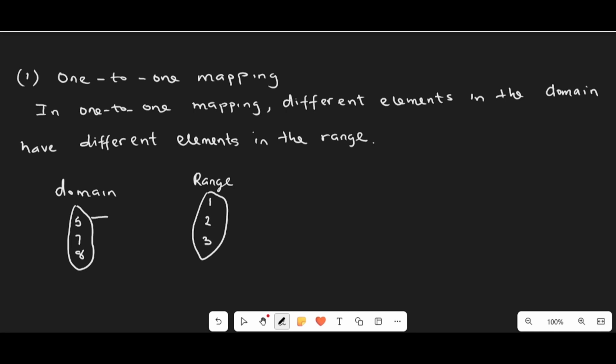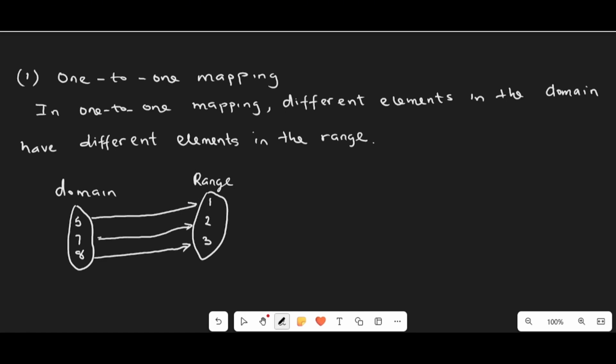Now 5 is mapped with 1 and 7 is mapped with 2, 8 is mapped with 3. This example is one-to-one mapping because each element in the domain has different elements in the range, so it is one-to-one mapping.